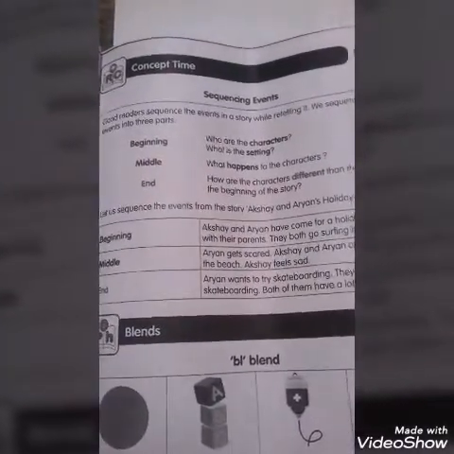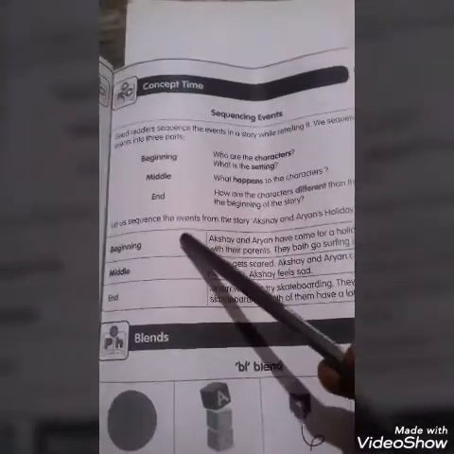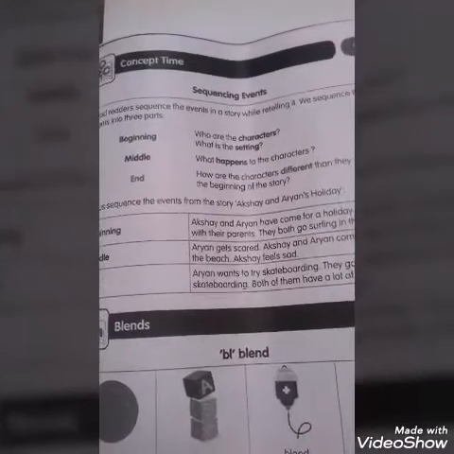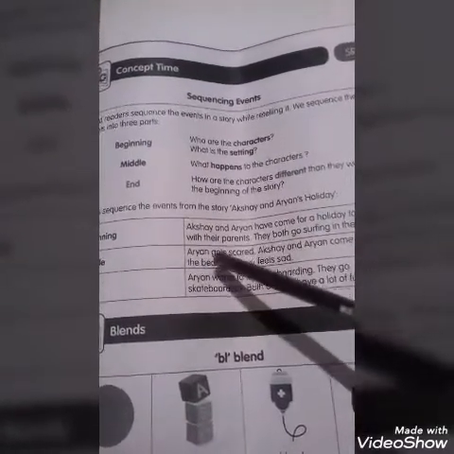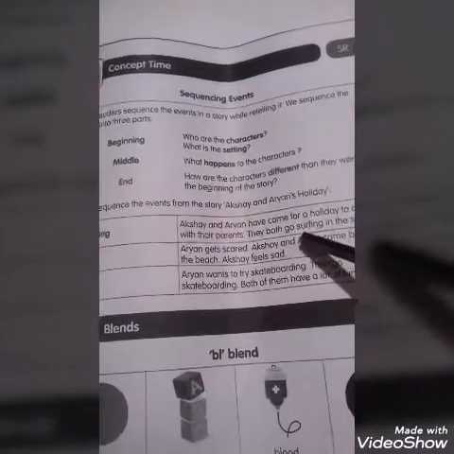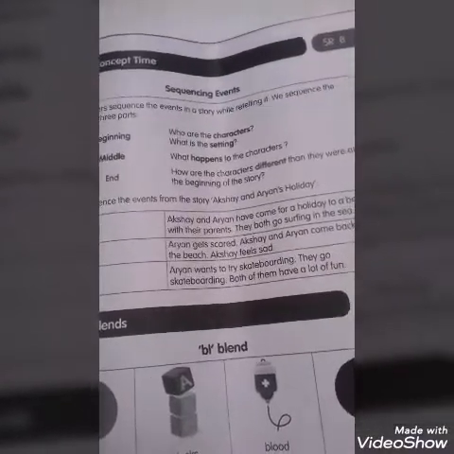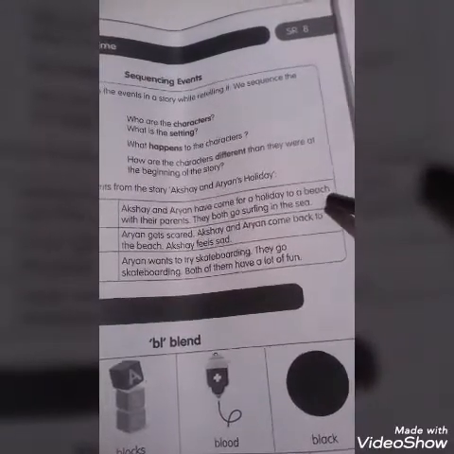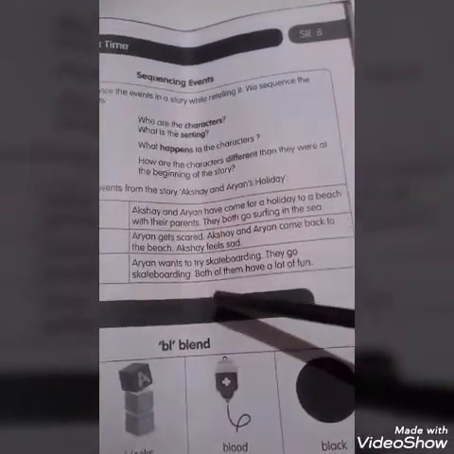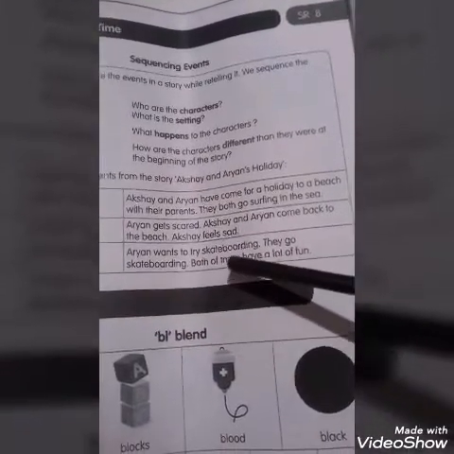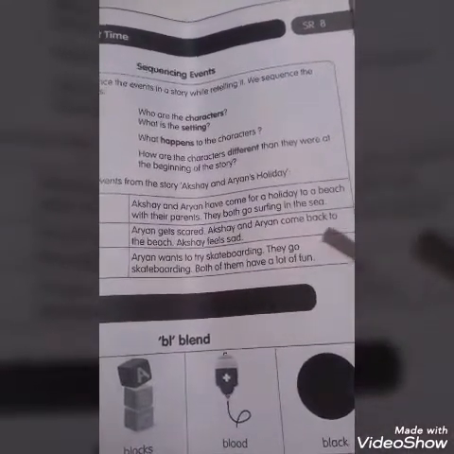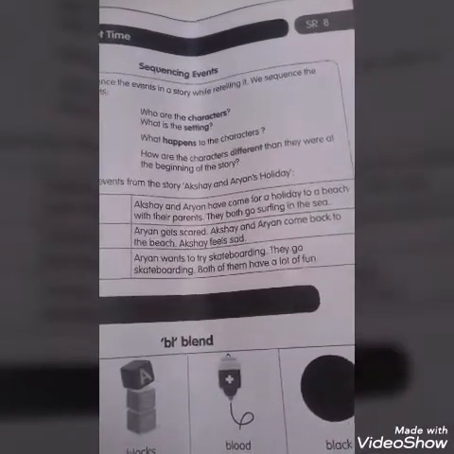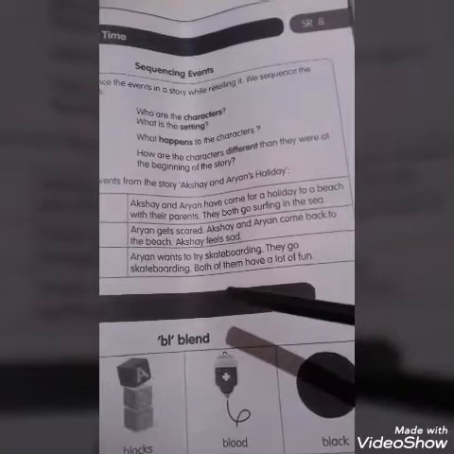So in this story, beginning, Akshay and Aryan have come for a holiday to a beach with their parents. They both go surfing in the sea. Isn't it? In the beginning, they go surfing in the sea. Okay. But in the middle, what happened? Aryan gets scared. Akshay and Aryan came back to the beach.